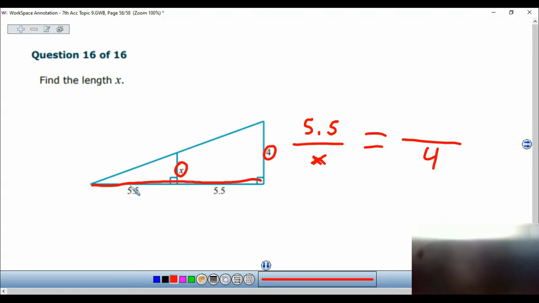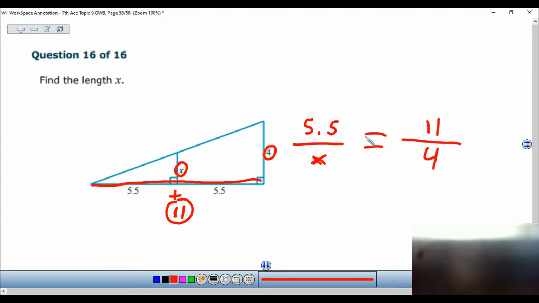So it includes the 5.5 for the smaller triangle and this one. These are added, so 5.5 plus 5.5 gives me 11. So that side is really 11. Don't get confused, because I've seen a lot of people do this and say, oh, 5.5, and this one's also 5.5. Not quite.